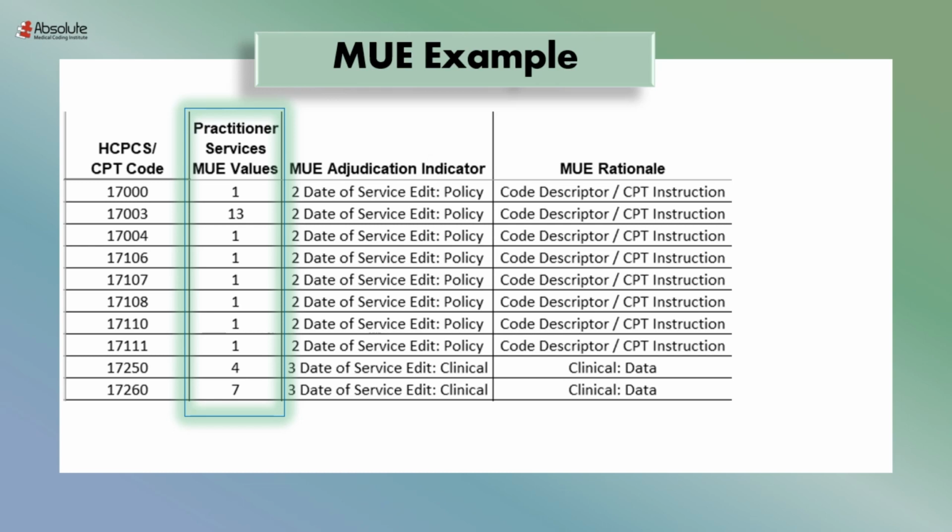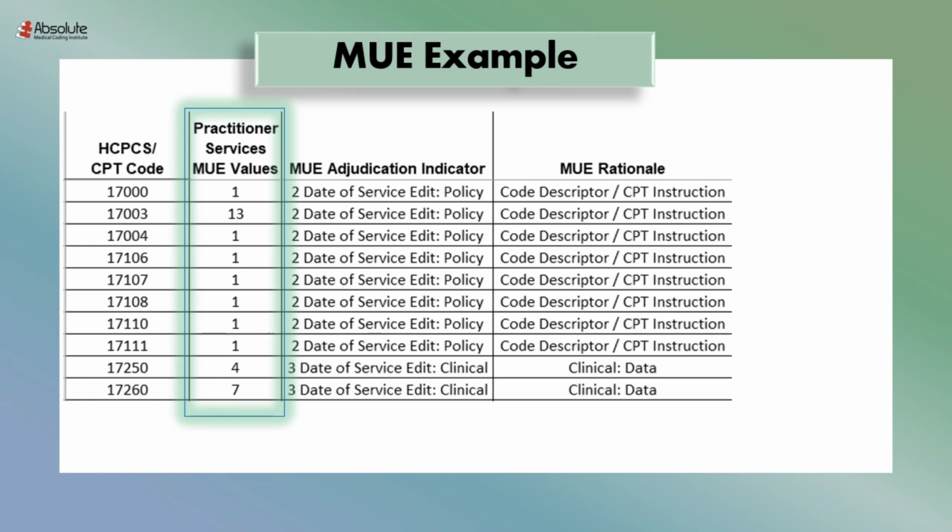Okay, but basically a 2 pretty much means that's absolute. That's pretty much the max. That's all you can report. The other ones, there may be special circumstances that may apply. So just keep that in mind. And then in your fourth column, you have your MUE rationale.